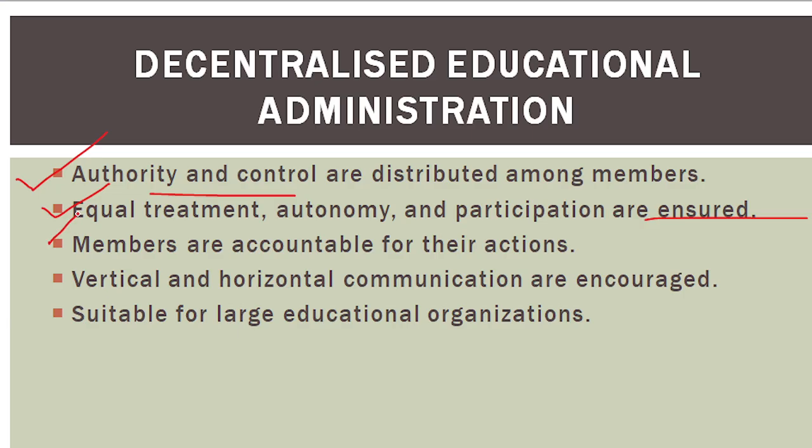Whoever is given any work is accountable for their own action. Both vertical and horizontal communication are there in this kind of educational administration. It can go from top to bottom or from bottom to top, and it can also go on the same plane, like teacher to teacher, teacher to administrator, teacher to parent. So it can be horizontal also.